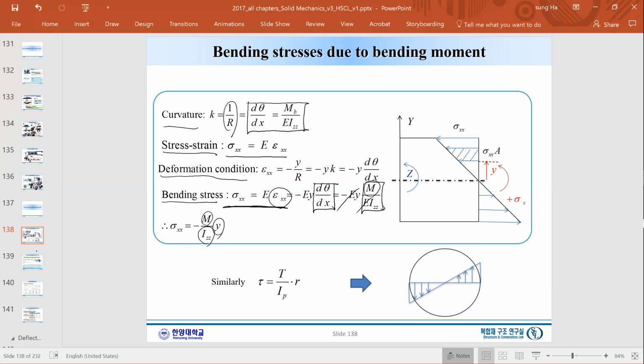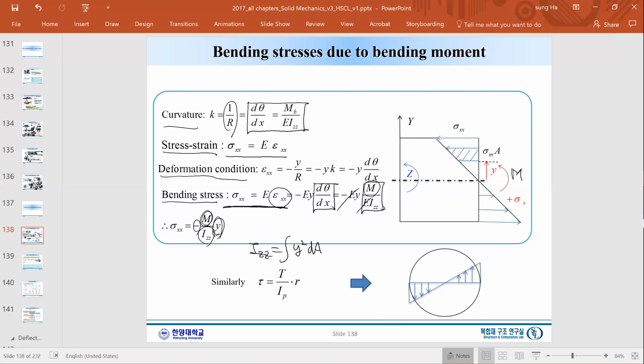So this is the stress distribution over the cross sections. M is the moment applied to these cross sections, and Izz is the moment of inertia, the integral of y squared dA, and by definition there is a minus y.